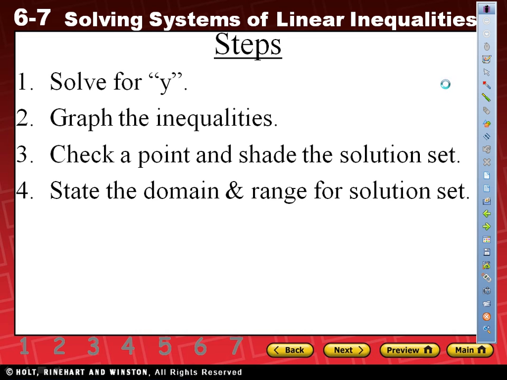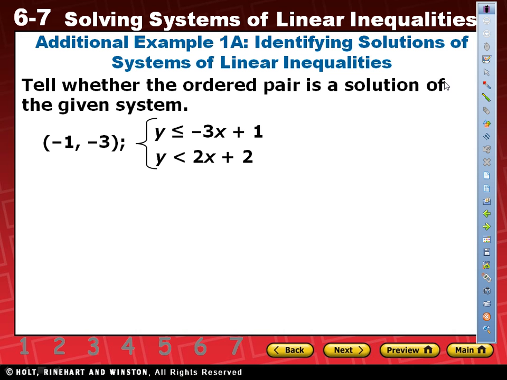Here we go. Copy this example down. Example 1a says, tell whether the ordered pair is a solution of the given system. The point given is (-1, -3), and the system is y less than or equal to -3x plus 1 and y less than 2x plus 2.